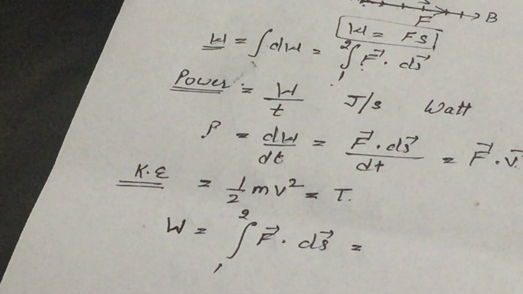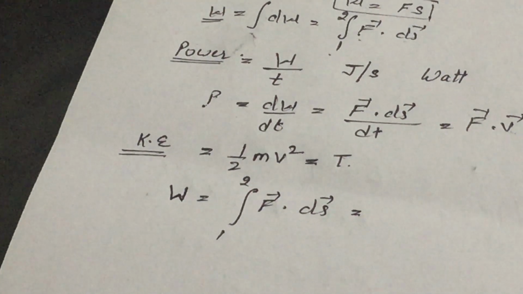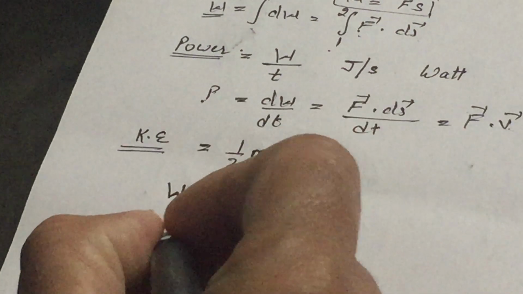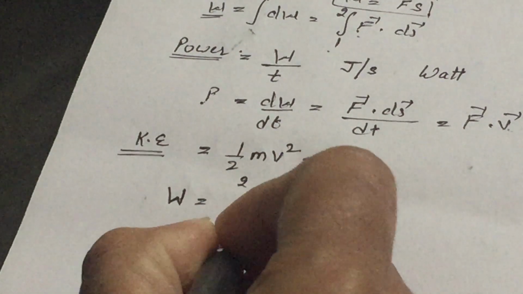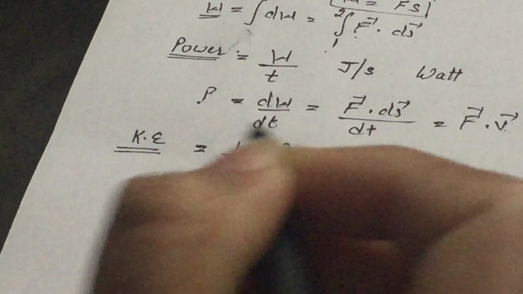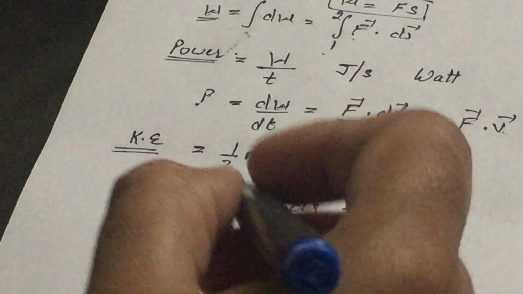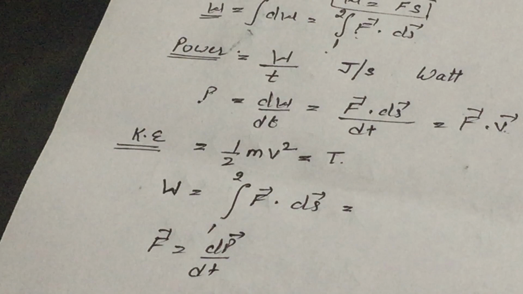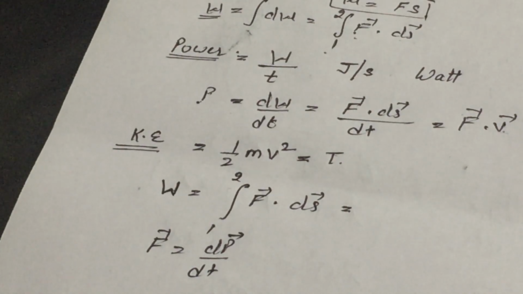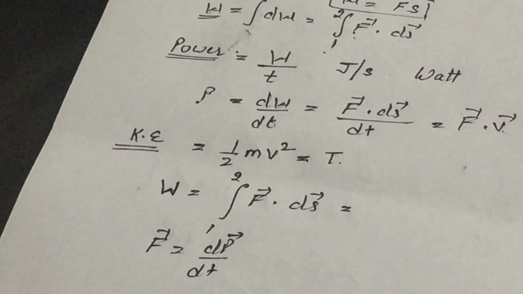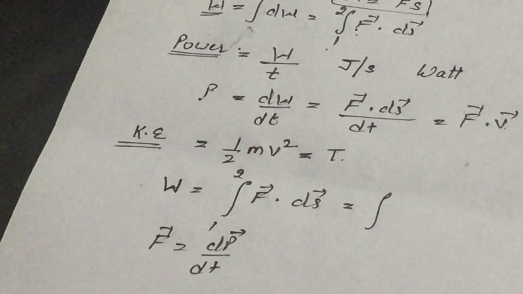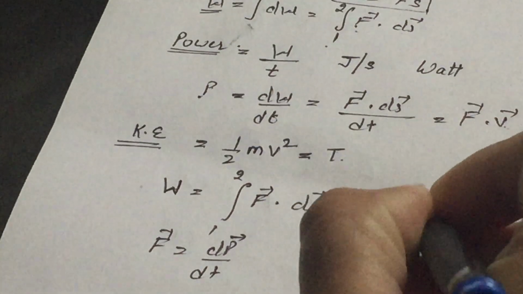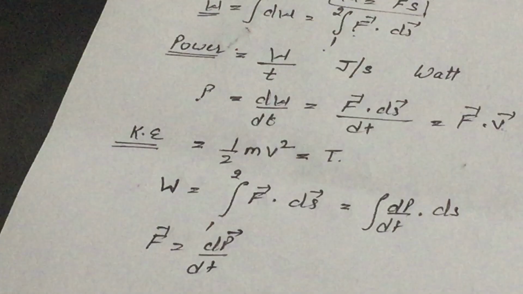From Newton's second law of motion, force is equal to the rate of change of momentum, that is, F is equal to dp upon dt, and the direction of the change of momentum is the direction of force.